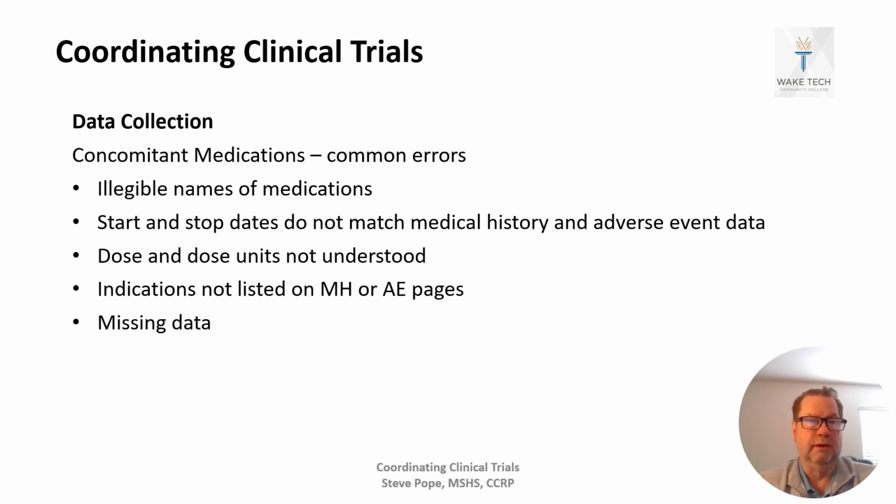Another error is dose and dose units not understood, and indications not listed on either the medical history or AE pages. You can also have missing data. So these are some of the common errors that we find when entering concomitant medication data.